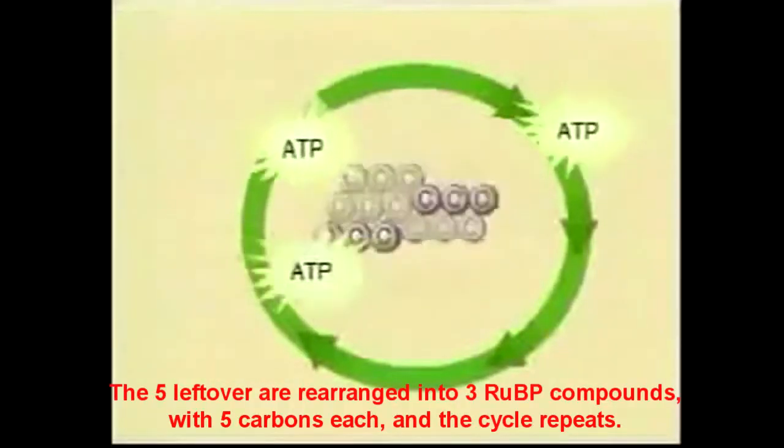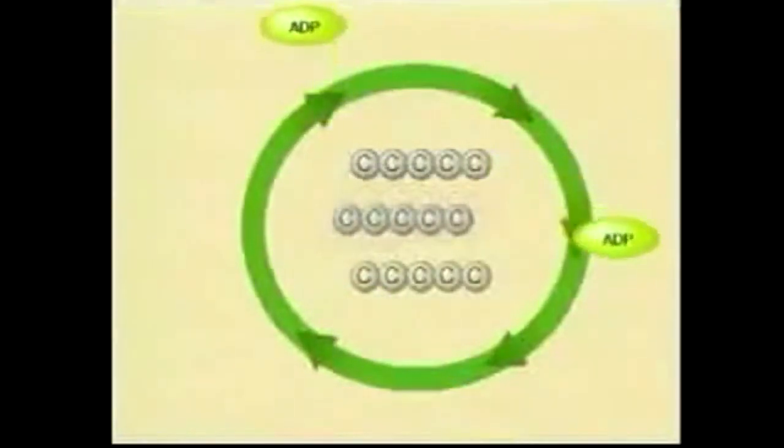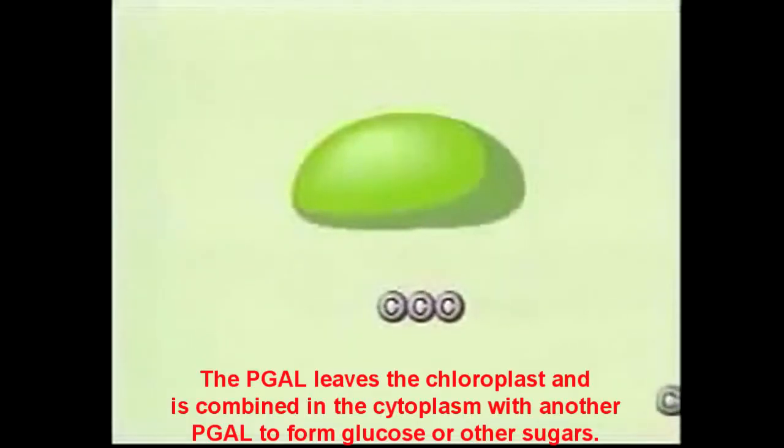The 5 leftover are rearranged into 3 RuBP compounds with 5 carbons each, and the cycle repeats. The PGAL that left the chloroplast is combined within the cytoplasm with another PGAL to form glucose or other sugars.